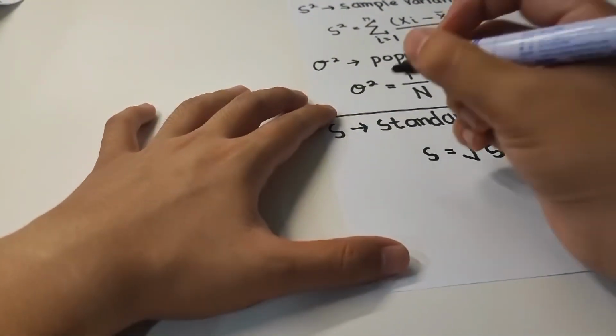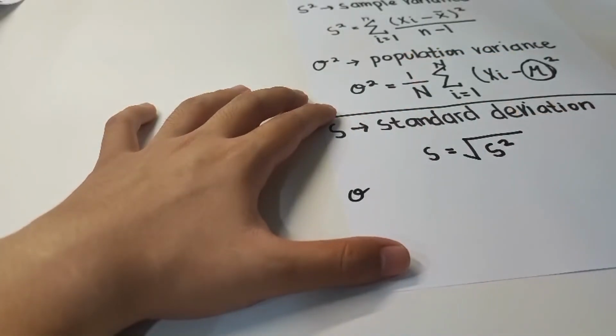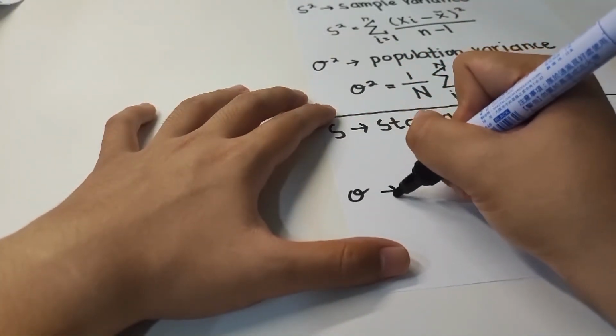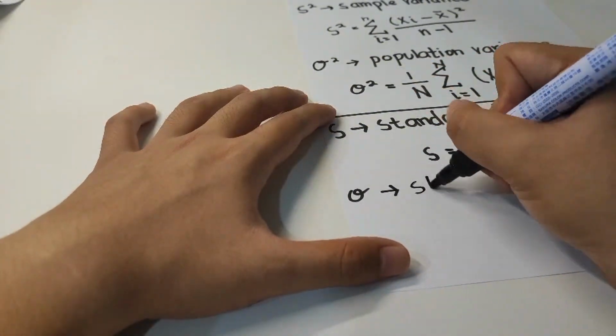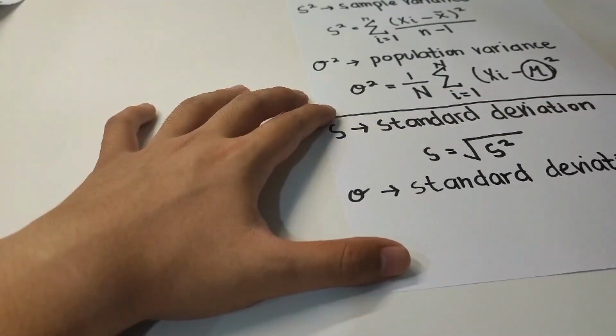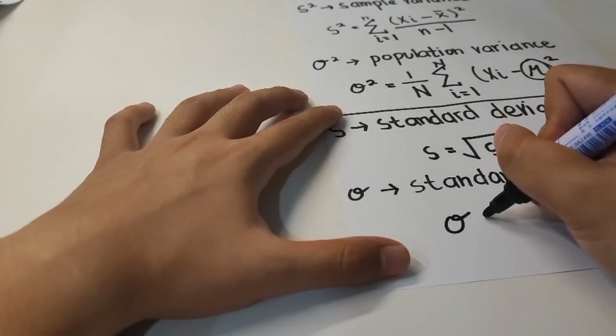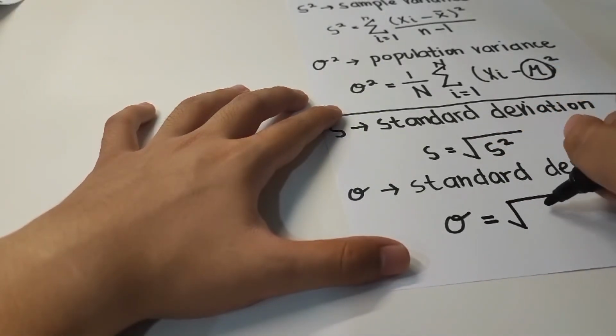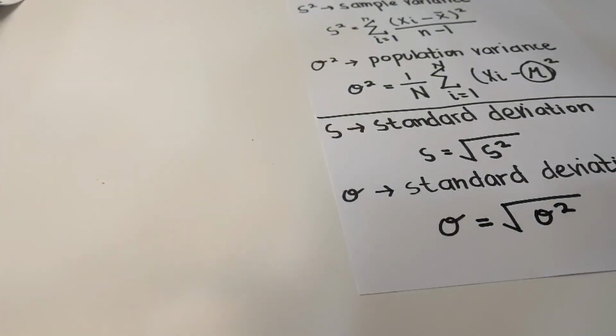While for the population, we also have the same: sigma is equal to the square root of sigma squared.